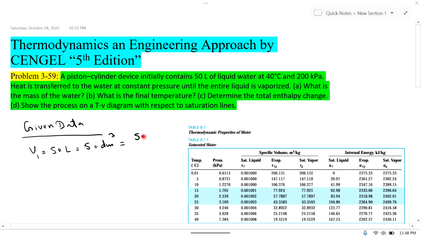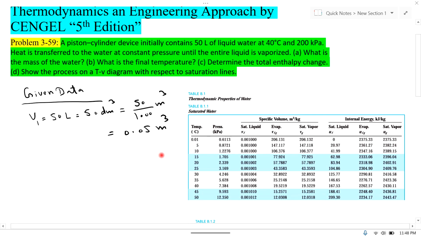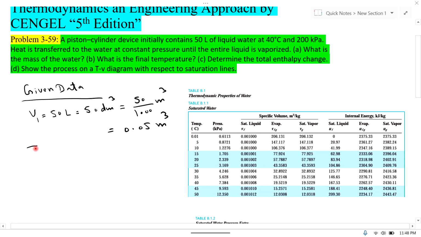So this will be equal to 50 divided by 1000 cubic meter, which is equal to 0.05 cubic meter.